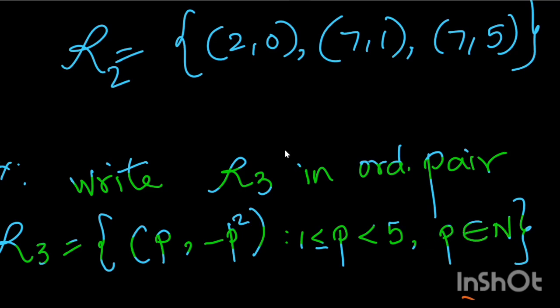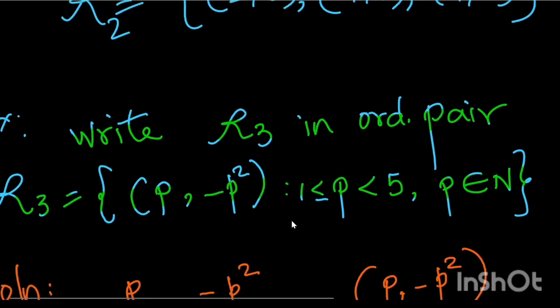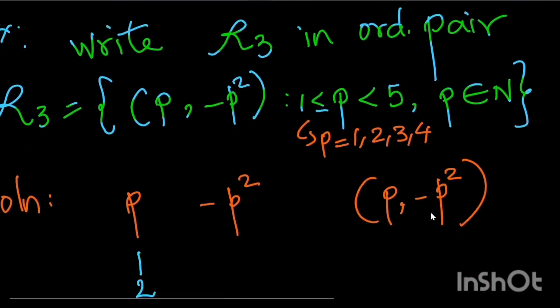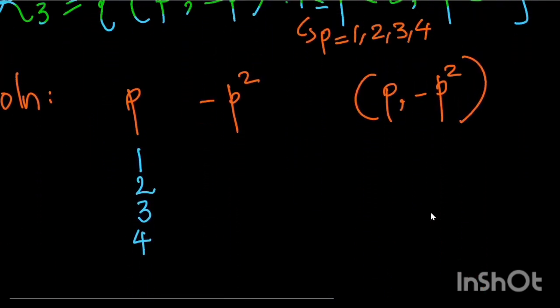Equality is not there at 5, so p can be 1, 2, 3 till 4 only. 5 it cannot be. So the possible values of p are 1, 2, 3, 4 only.